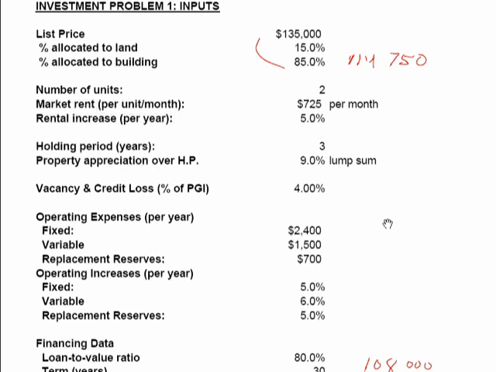For investment analysis purposes, we can take a certain amount of depreciation each year, which is a desirable thing to do as an investor, because depreciation shelters a little bit of the cash flow that the property generates, and that's a tax advantage. But we can't depreciate the land. We can only depreciate the building. So our depreciation basis is $114,750 in this problem.